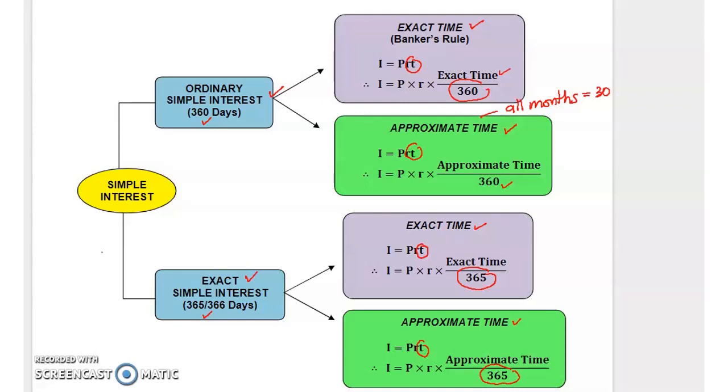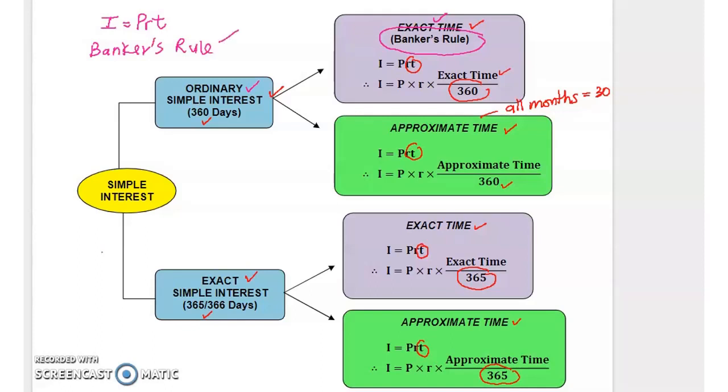Okay, if you look here, we have one term which is banker's rule. So what is banker's rule? We use ordinary simple interest and use exact time. So if the question asks you, for example, to find the amount of interest I by using banker's rule, banker's rule means use ordinary simple interest and exact time.